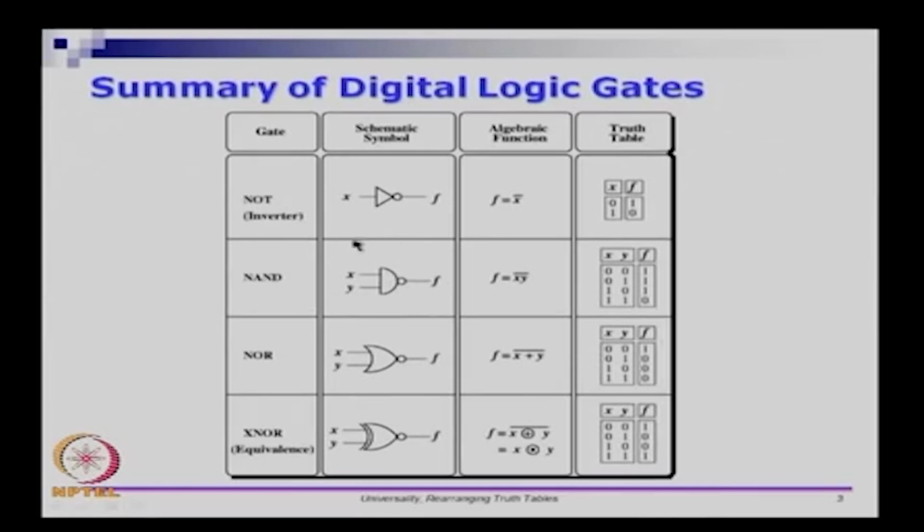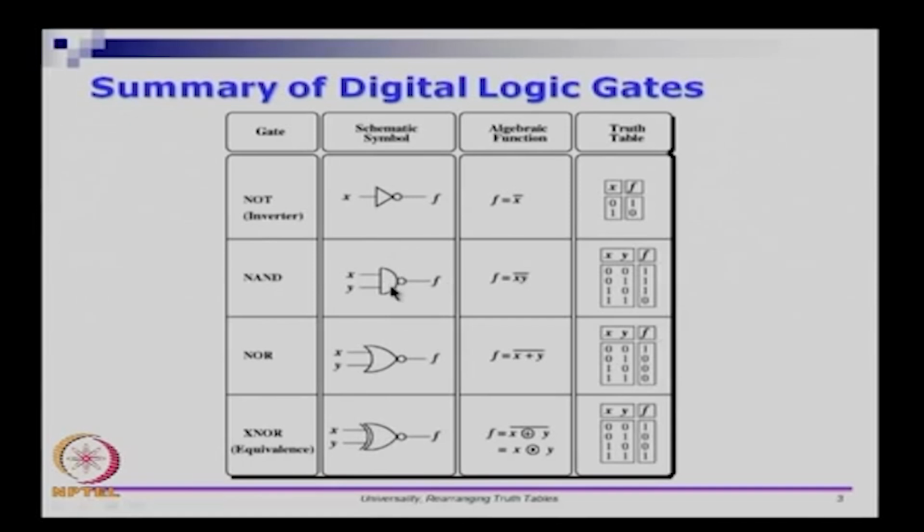Now in this one, we have the same set of logic functions that we had in the previous slide, except that there is also an inversion at the output. This is the NOT gate, and this is called the NAND gate. In the NAND gate we have AND followed by an inverter, OR followed by an inverter is called NOR, and XOR followed by an inverter is called XNOR.